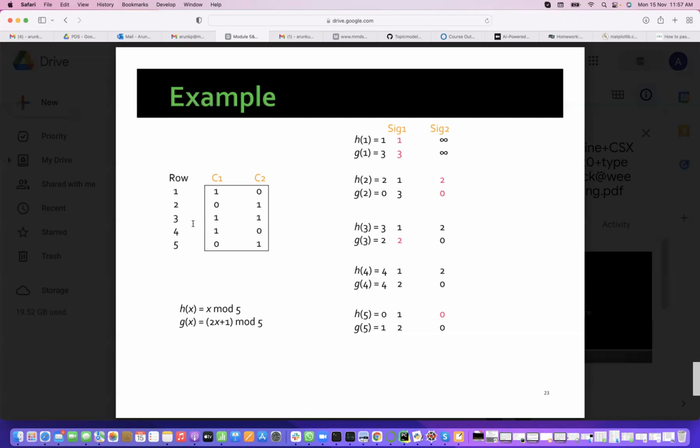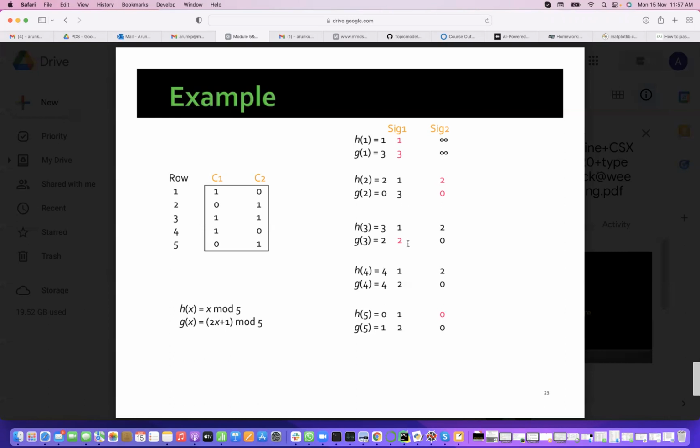Then take the third row. What is G3? Sorry, what is 2? Third row, 2. So in permuted order, it is 2, right? If you are finding 1 in the present order, in permuted order you are finding it in the second row. Yes, the third is having 1 here. So 2 is less than 3.